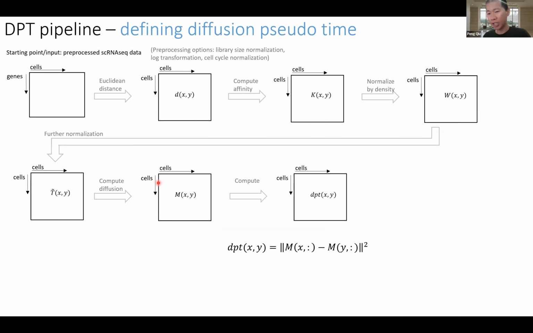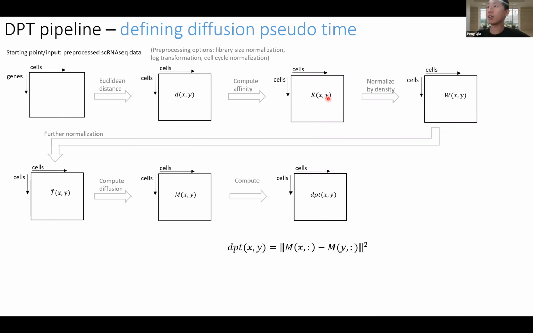All right. The difference between the probability jumping profiles of two cells is defined as the diffusion pseudotime, or the distance between two cells. So this is quite a winding road to get to this diffusion pseudotime matrix that represents the distance between two cells.